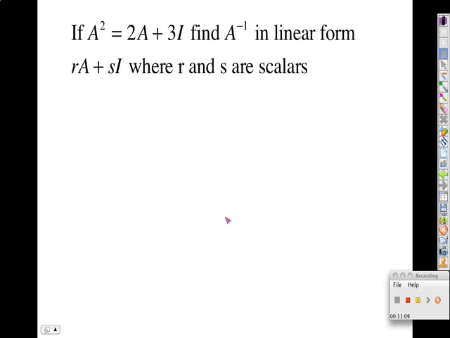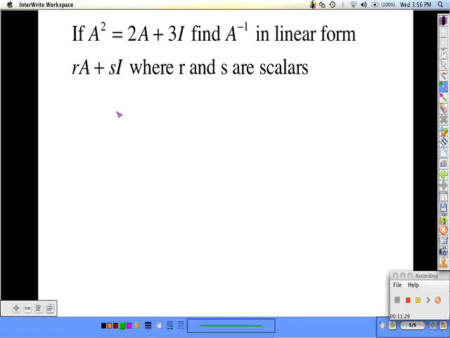But first, let's look at some matrix operations here. I want to find A inverse in a form that's linear, that is a number times matrix A plus a number times matrix I, the identity, where R and S are scalars, just numbers. So I don't want the A or the I to go away. It was suggested in class that maybe I could write I as A times A inverse, but the problem is I want I in my answer.